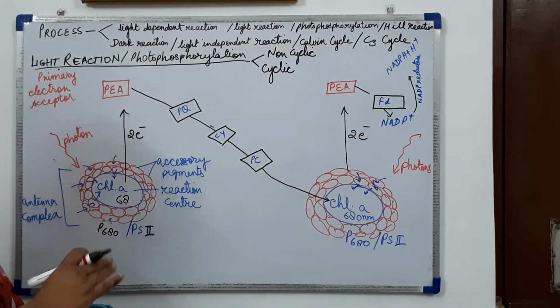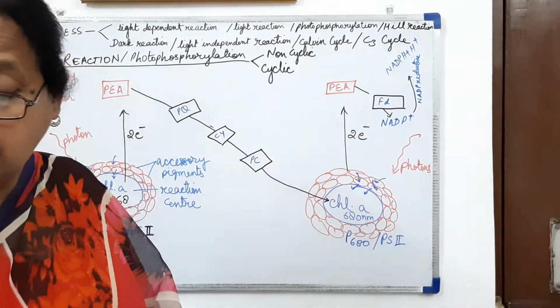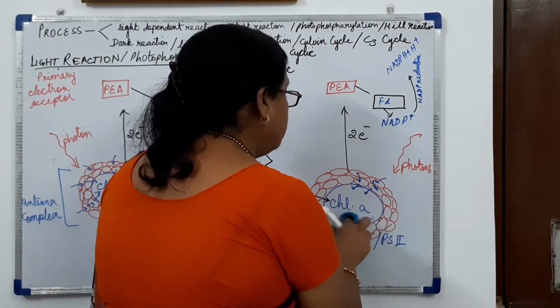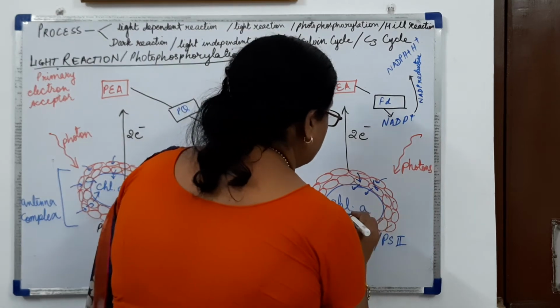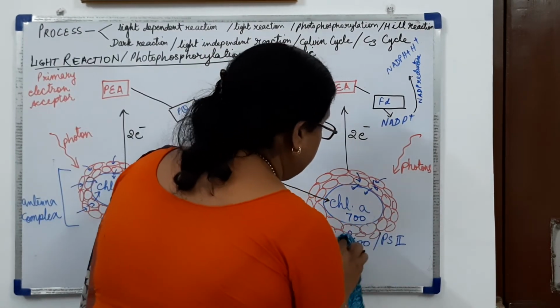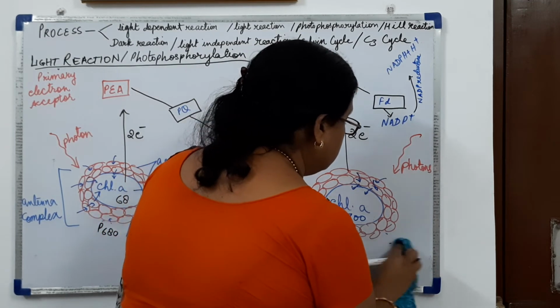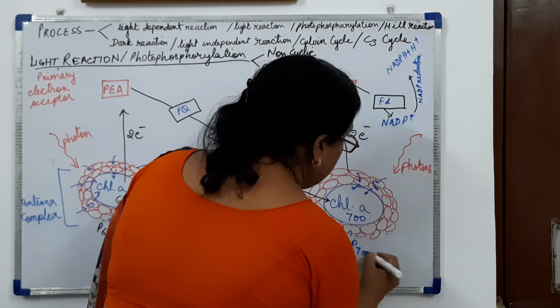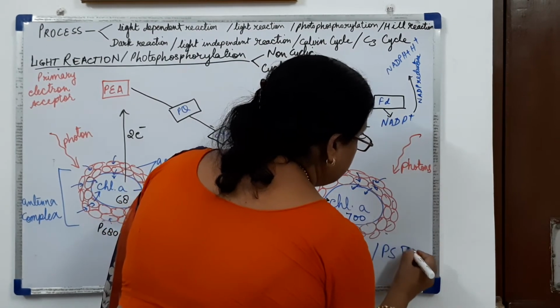So first pigment system 2 will be there, and after that pigment system 1 will be there, that is 700, and this is P700 or PS1.